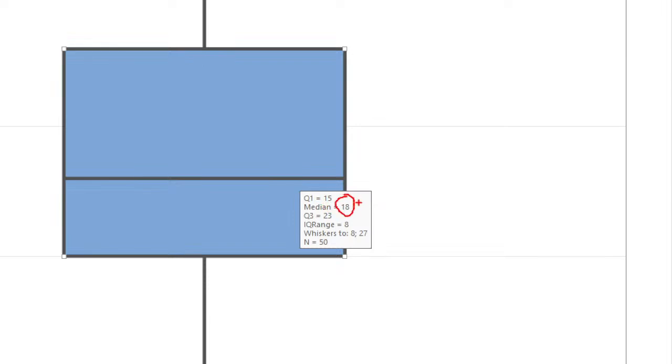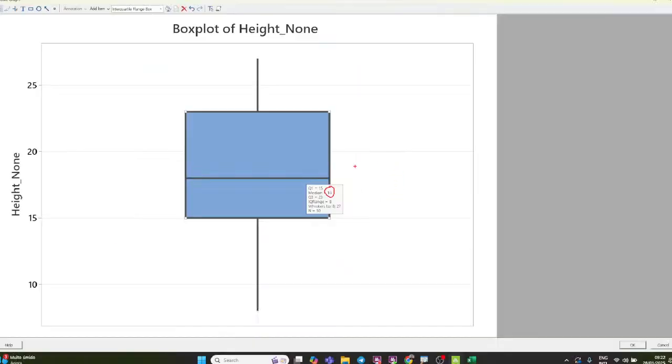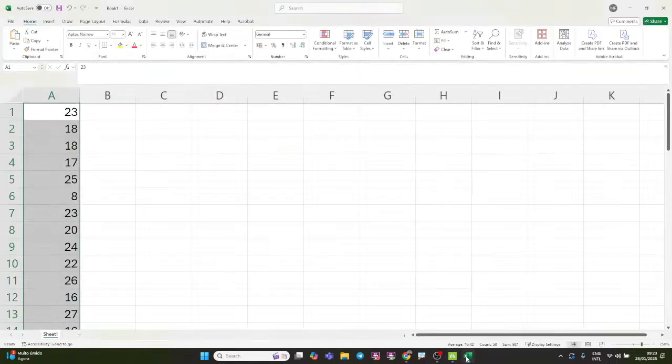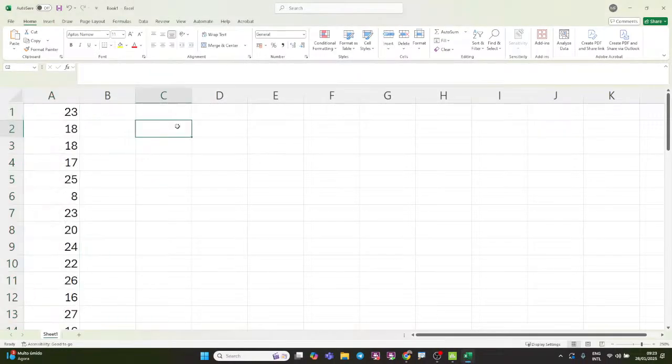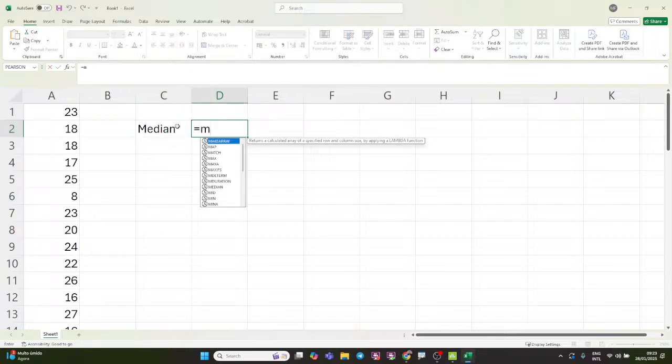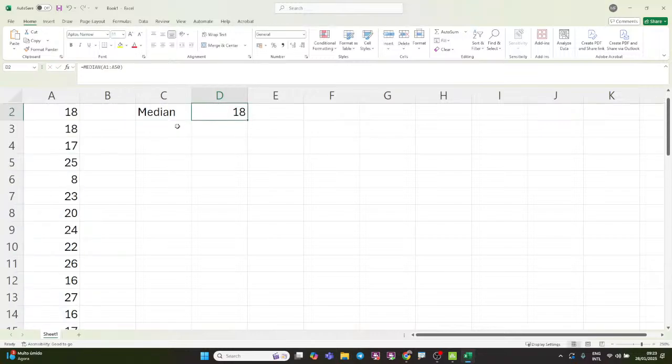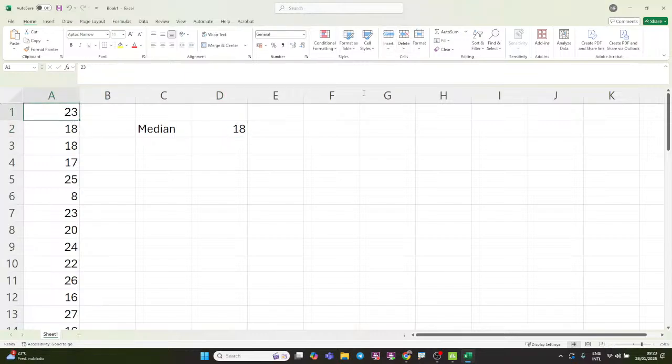So why 18? You can simply come here and ask Excel to calculate the median for you, and Excel gives you 18. Or if you prefer, you can sort this data.